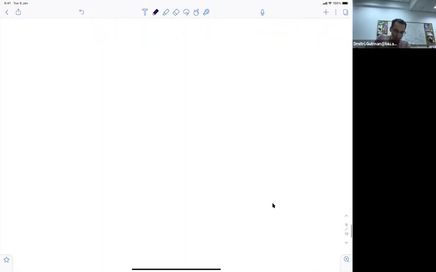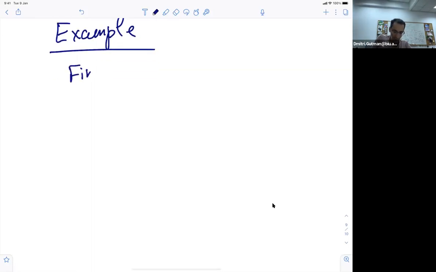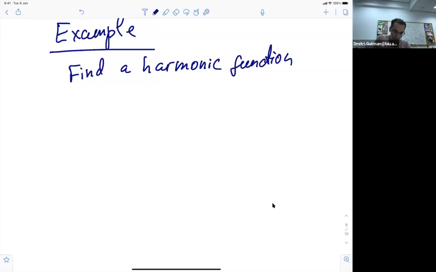So a simple example. Find a harmonic function u of x and y. This function satisfies the Laplace equation.